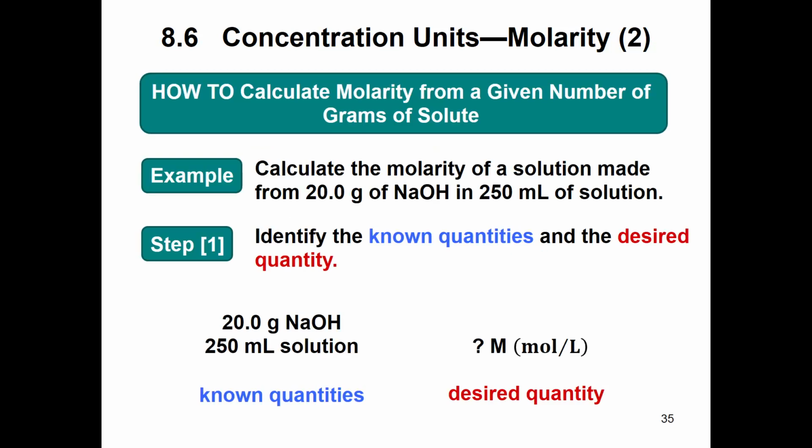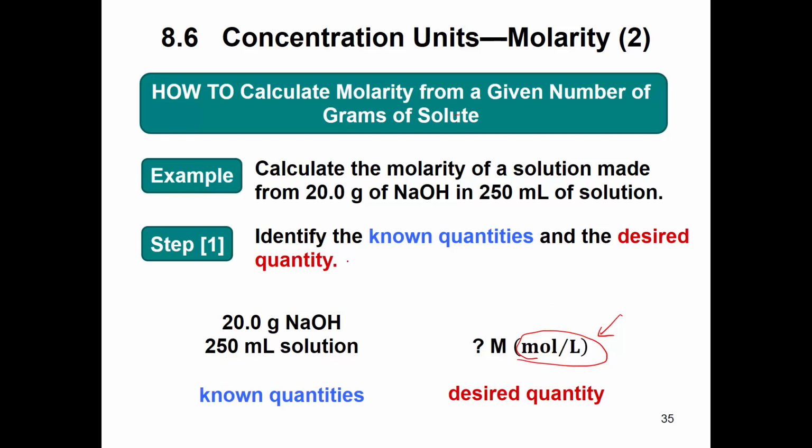So when we use molarity, we're either calculating a concentration or we're going to use that concentration as a conversion chart. When you see a capital M, always think in moles per liter, because that's what you're going for when you're calculating.